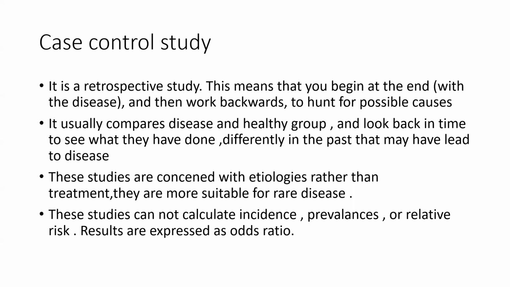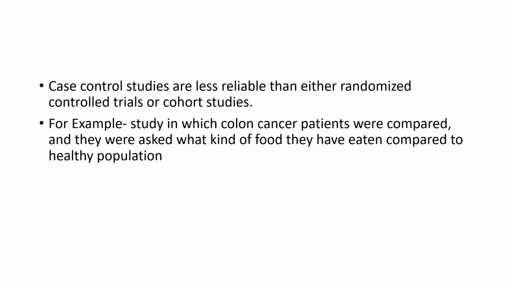These studies are concerned with etiologies rather than treatment, and they are more suitable for rare cases. This study cannot calculate incidence, prevalence, or relative risk, and the results are expressed as an odds ratio. Case control studies are less reliable than either randomized control studies or cohort studies.